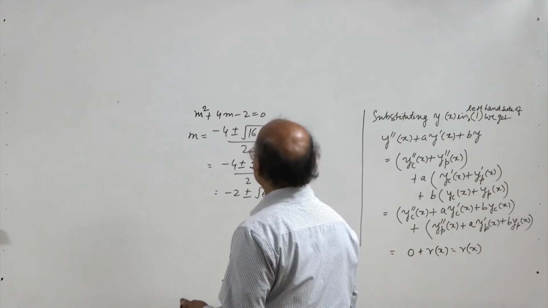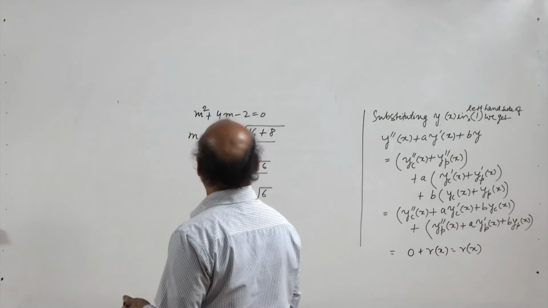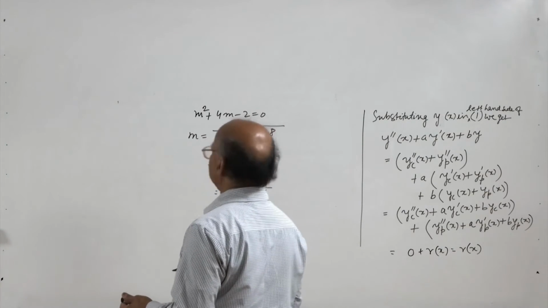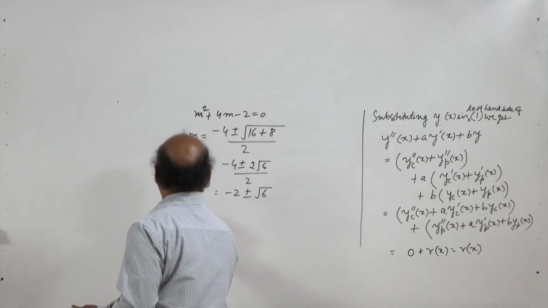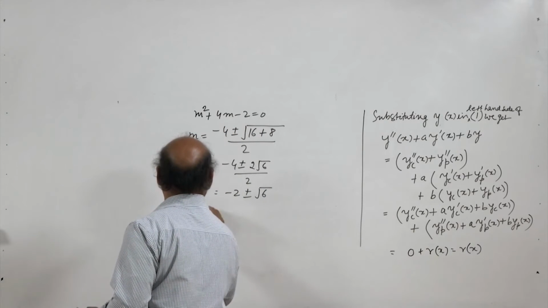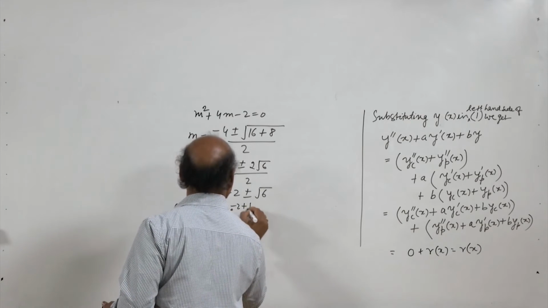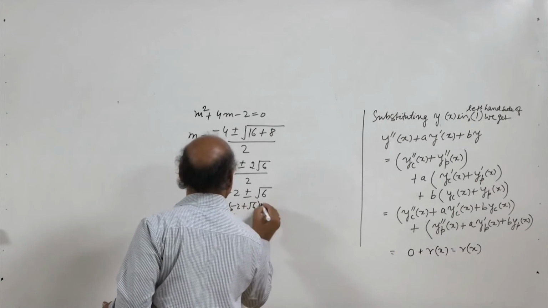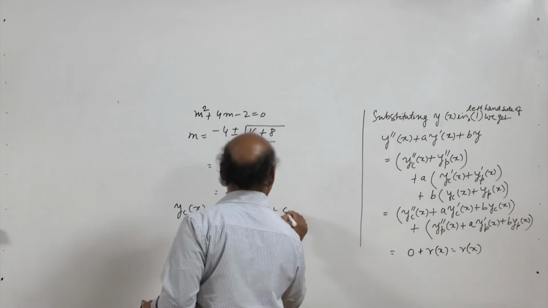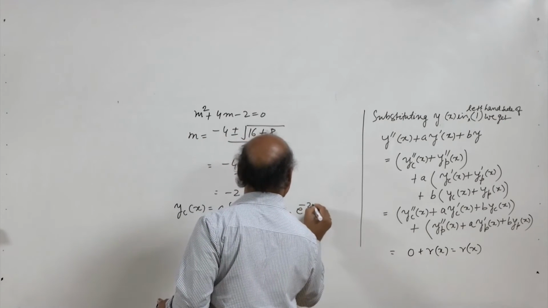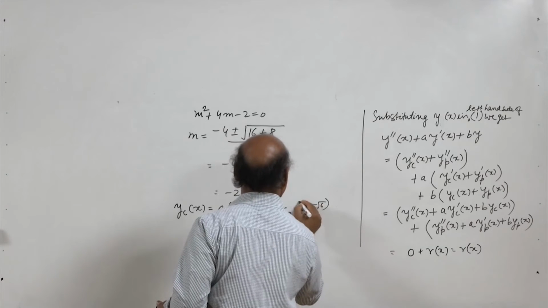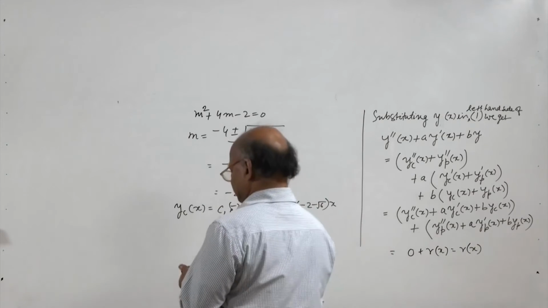So, m has two distinct values, minus 2 plus root 6 and minus 2 minus root 6, and therefore y_c(x) is equal to C1 e to the power minus 2 plus root 6 into x plus C2 e to the power minus 2 minus root 6 into x.